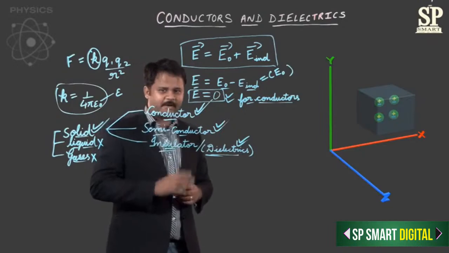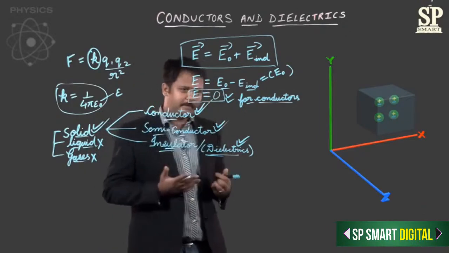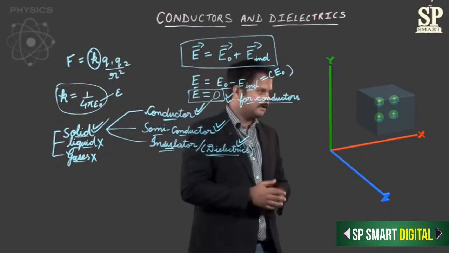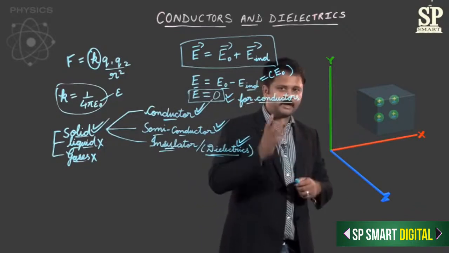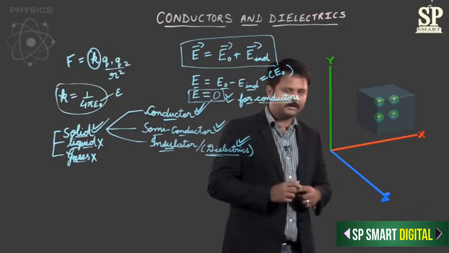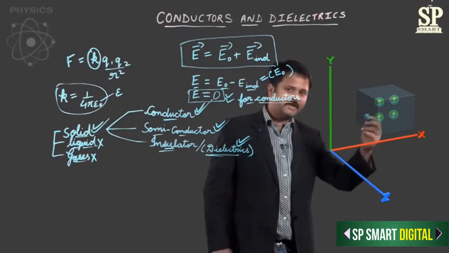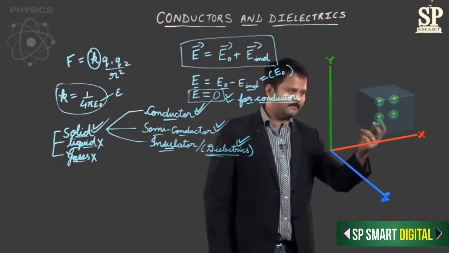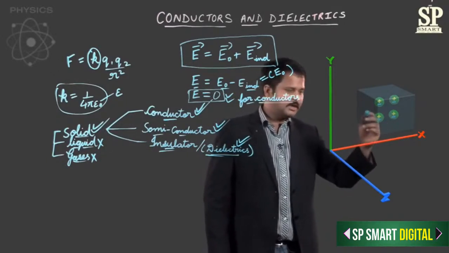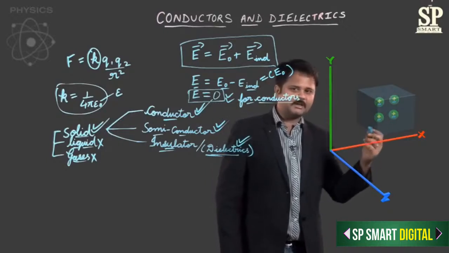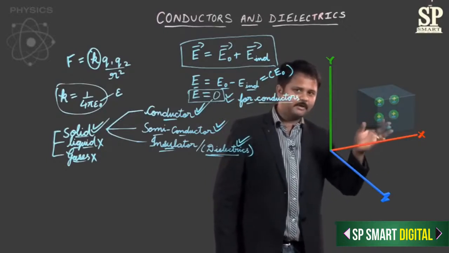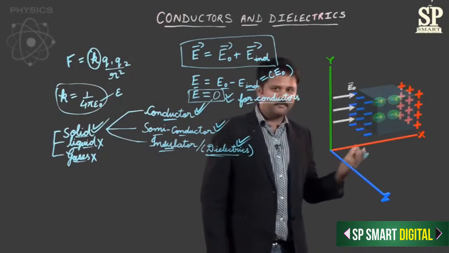This kind of arrangement in a macroscopic sense manifests like this. This time the block is made up of an insulator, not a conductor, and you can see these spheres representing atoms or molecules, where the positive and negative charge inside the individual spheres are uniformly distributed.